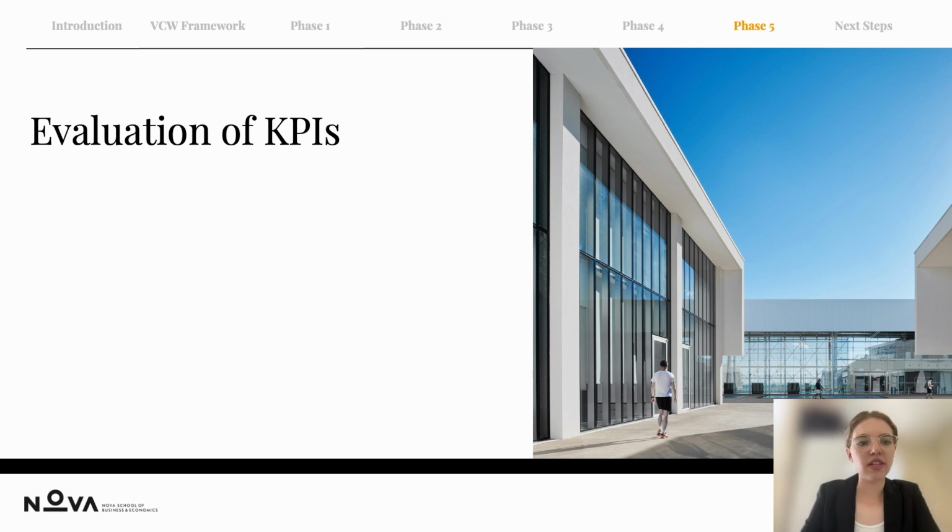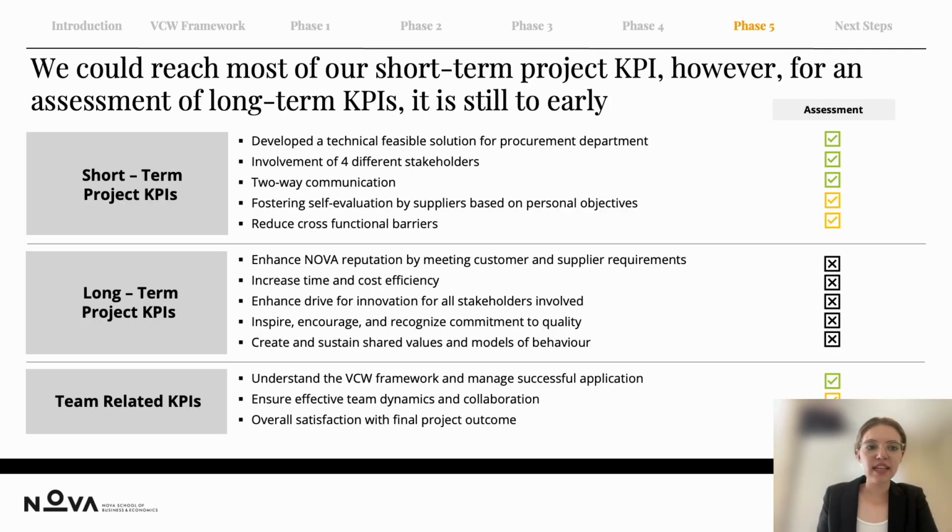So moving on to the KPIs we established in the beginning of our presentation. Taking a look at them, we actually see that we reached most of our short-term project KPIs. However, for the assessment of the long-term KPIs, it's still too early.